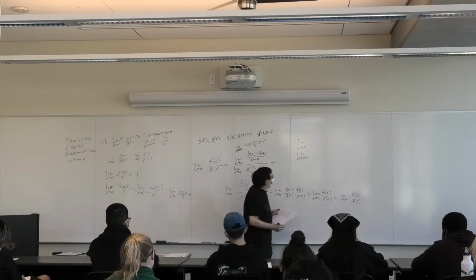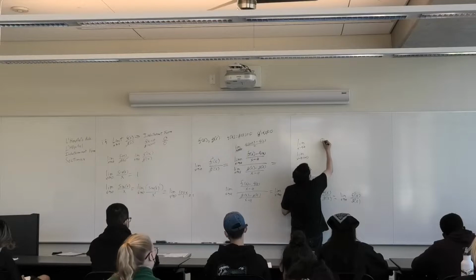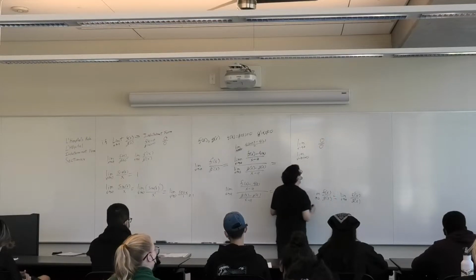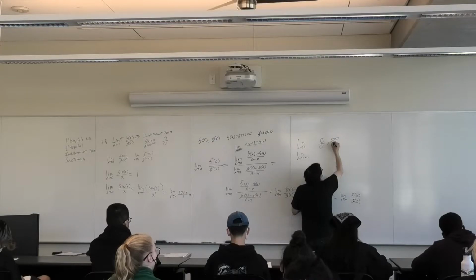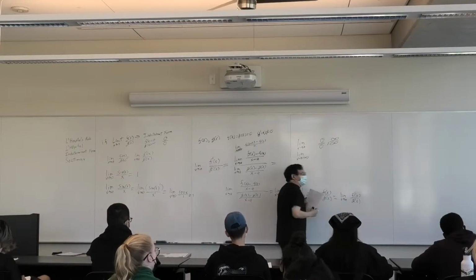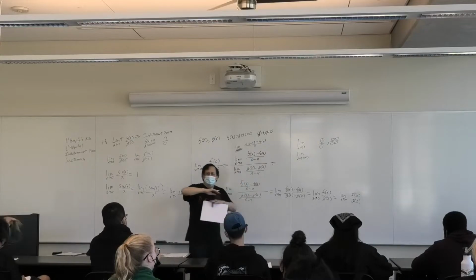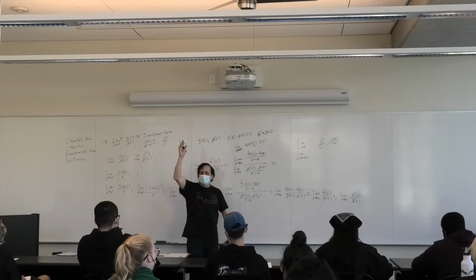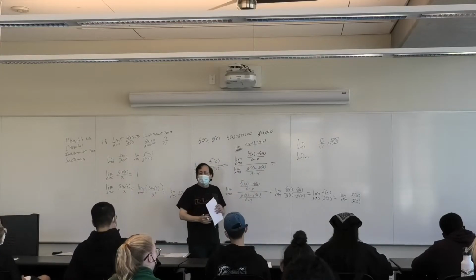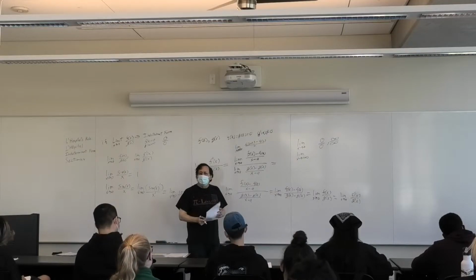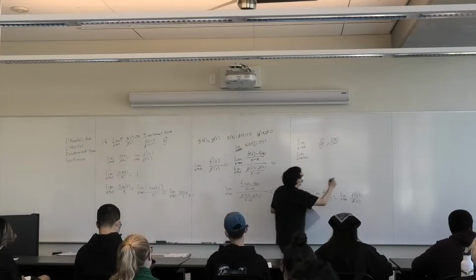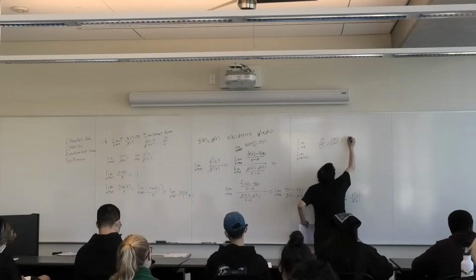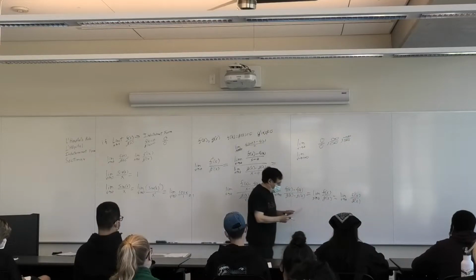The indeterminate forms can be 0 over 0. They could also be infinity over infinity. That is, if you have two functions and they're both getting very, very large, infinitely large, we can apply L'Hopital's rule. Negative infinity over infinity is also possible.